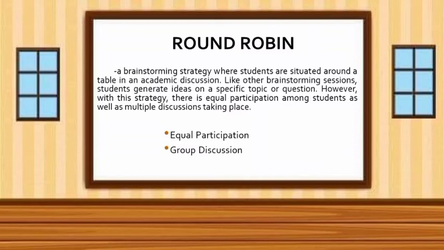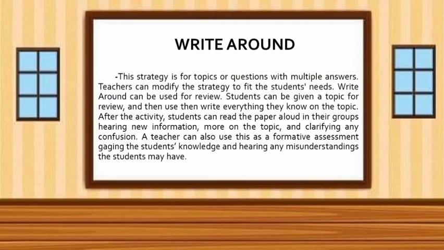Also, give groups tokens so when it's each student's turn to talk, they must turn in a token. This helps the groups move along. Then, once each group has gone, before they move to the next group, have the leader present their group's ideas. Write around strategy. This strategy is for topics or questions with multiple answers.